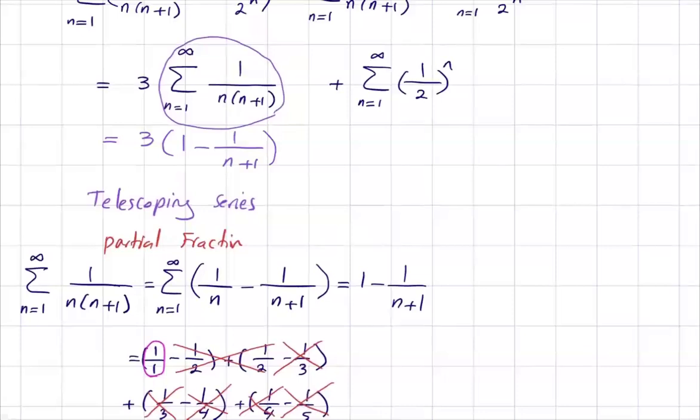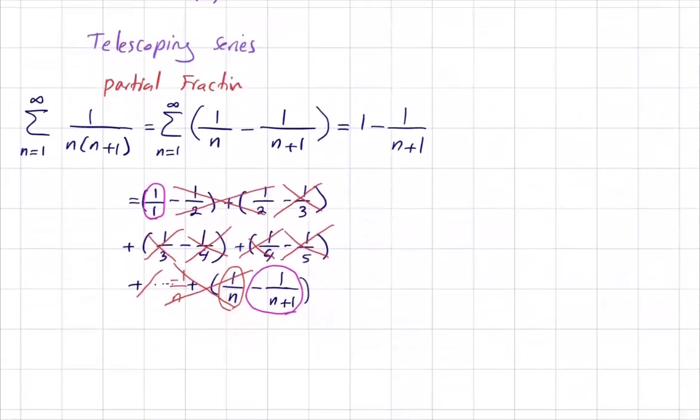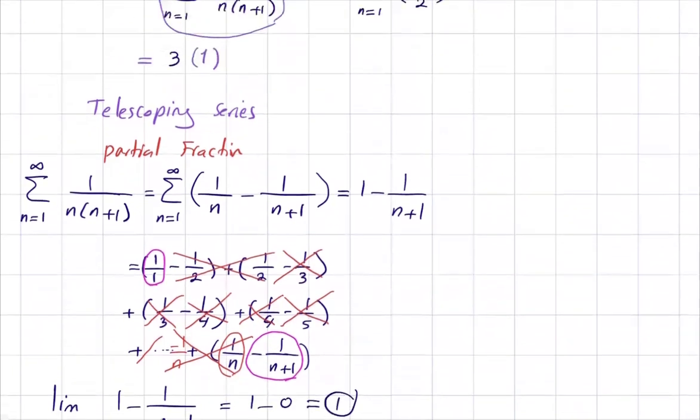So basically, you have 3 times 1 as the summation of the series here. And again, this 1 is coming from taking the limit of 1 minus 1 over n plus 1 as n goes to infinity, which is 1 minus 0 or 1. That's how you get this one.